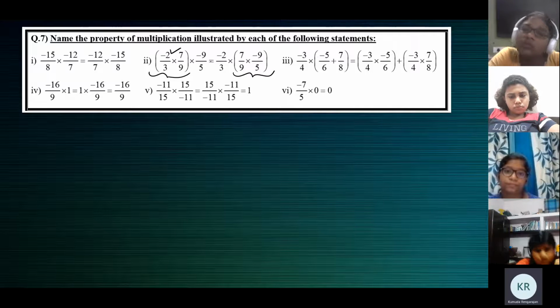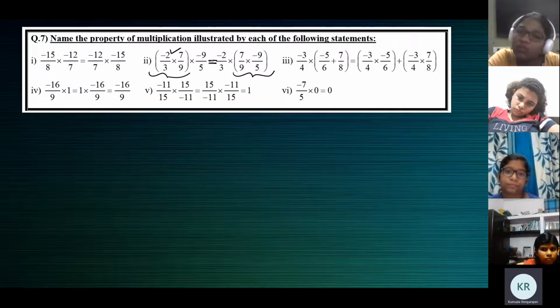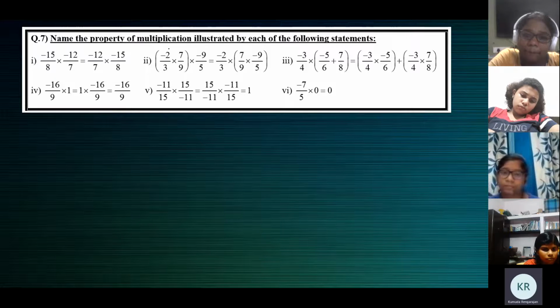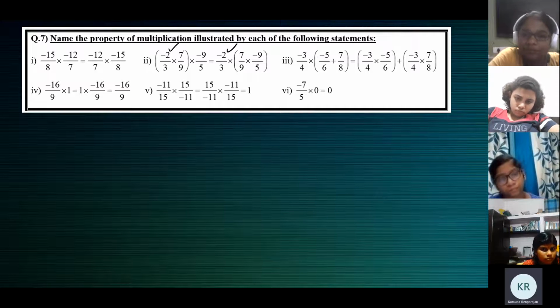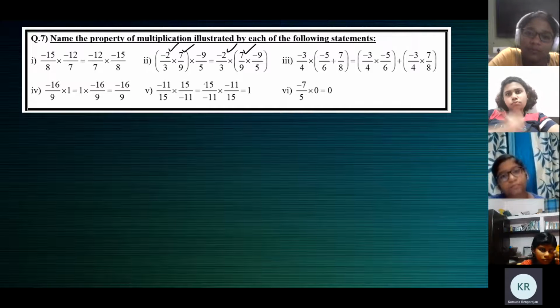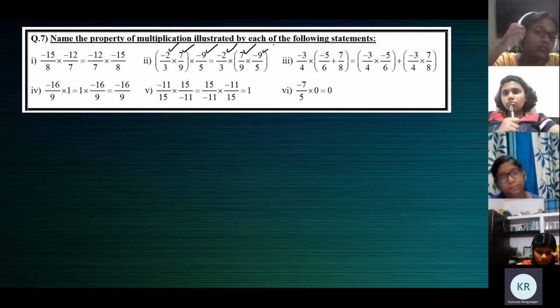See, this is the equal to sign. The first rational number is minus 2 by 3. Here also the first one is minus 2 by 3. The second one is 7 by 9, here also 7 by 9. The third one is minus 9 by 5, here also minus 9 by 5. Then what's the difference?